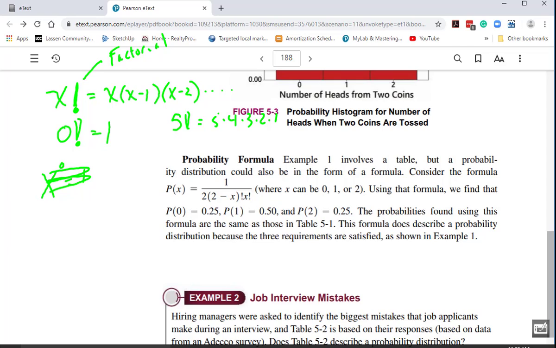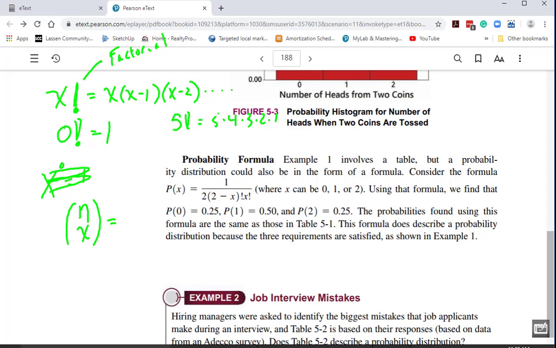So let's say I have this thing here. It's called a counting rule. Remember, we're trying to figure out how big our sample size is without actually counting every possible combination. This one here, n choose x, you may have never seen this either.